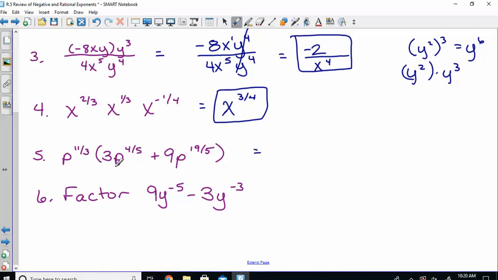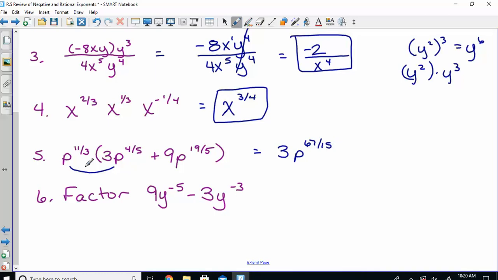Number 5, we have to distribute. So when I do that, what do I do with my exponents? If the p is written each time, we add the exponents. So 11/3 plus 4/5. That's 67 over 15?